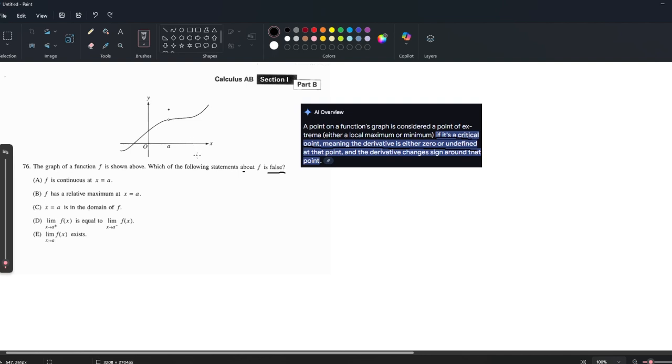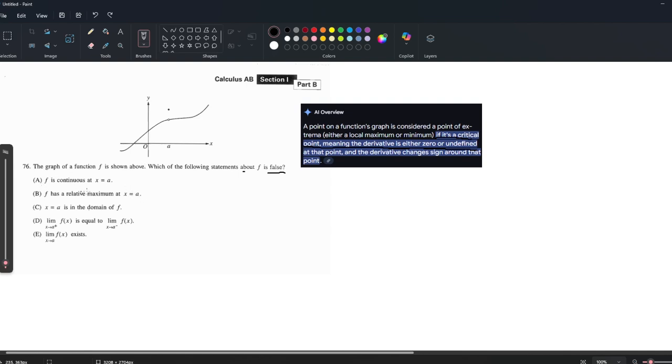Because for a point to be differentiable, it has to be continuous. So because it's not continuous, the derivative is undefined at this point. And the only reason why f has a relative maximum is because of this right here. Because even though it's not continuous, it's still defined, so that means you can still have a maximum at that point. Had this dot not been here, then B would have been false.